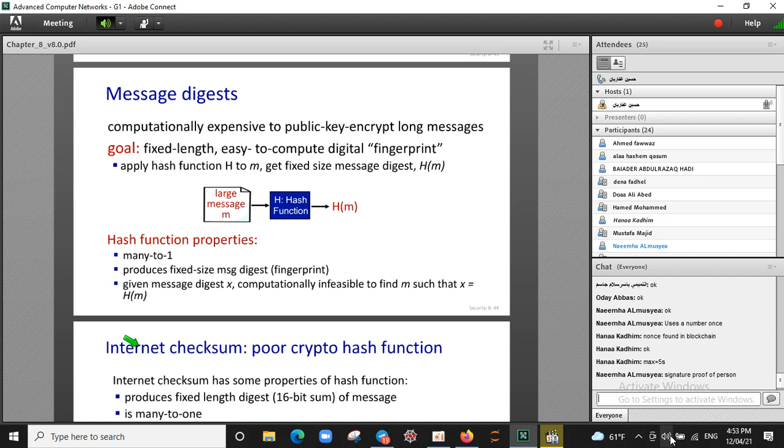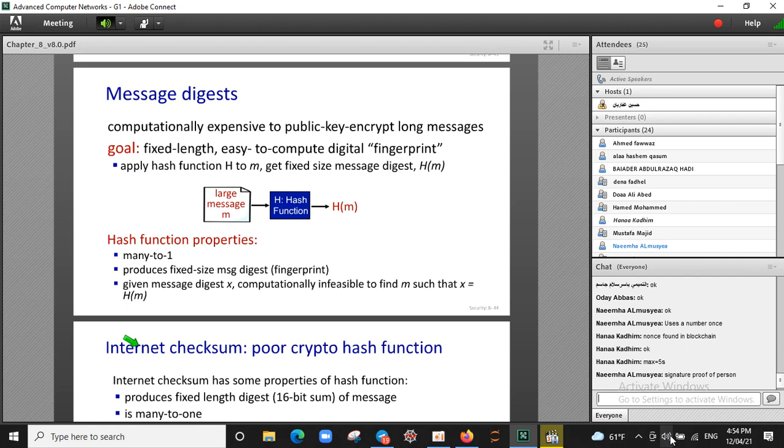I have to pay too much. I'm looking for something simpler, something like a digital fingerprint. Do we have something like this?